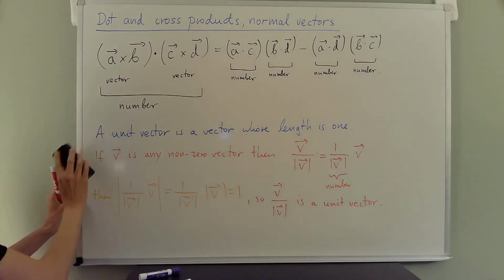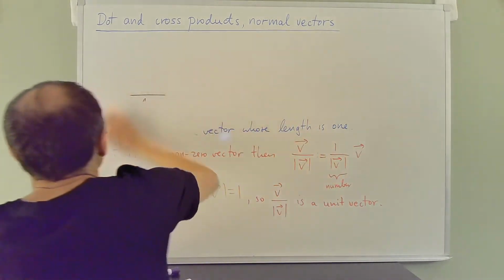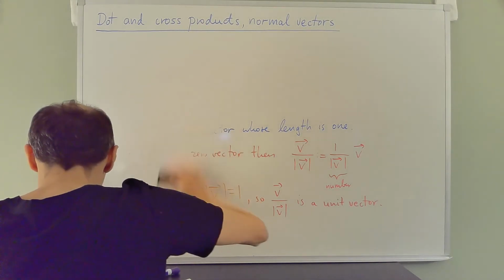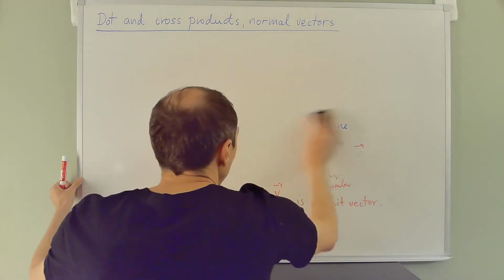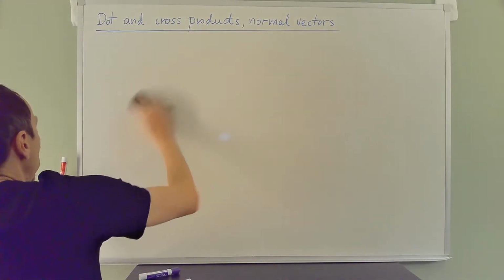And finally, what is a normal vector? Normal vectors are vectors to a plane, vectors that are perpendicular to a plane.